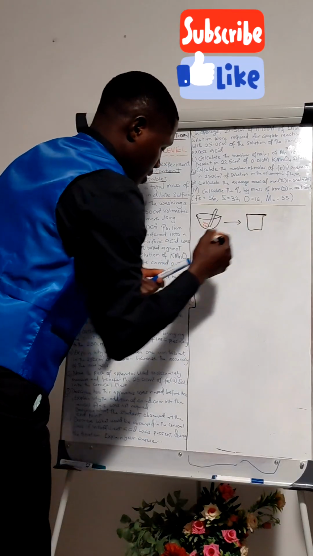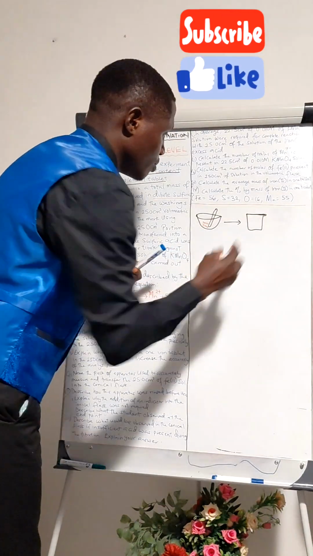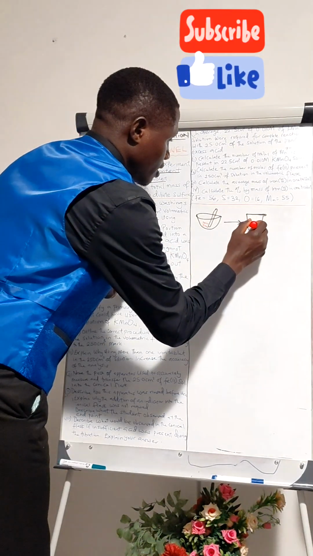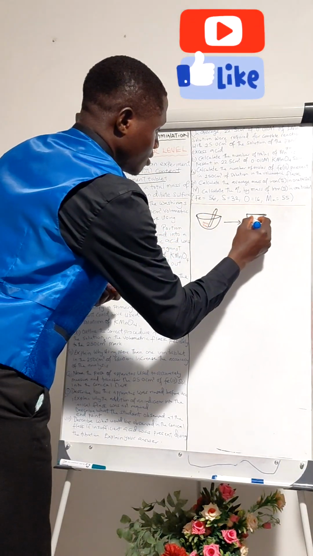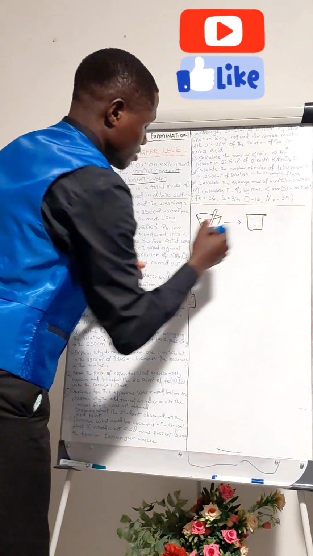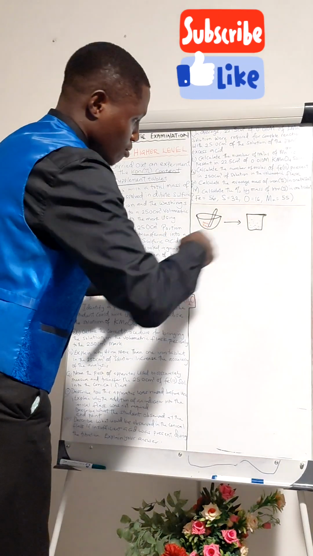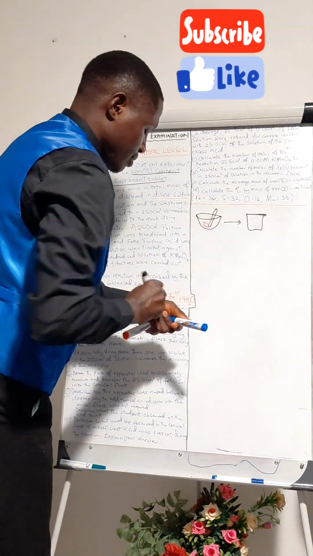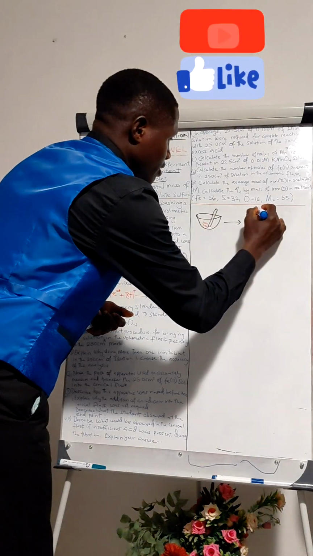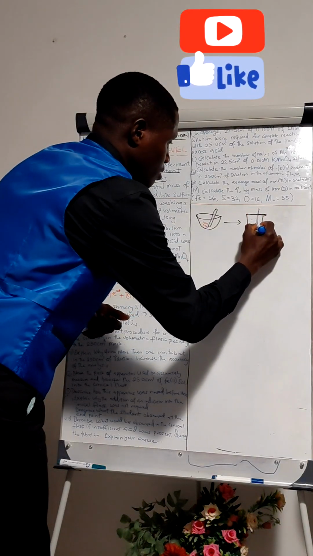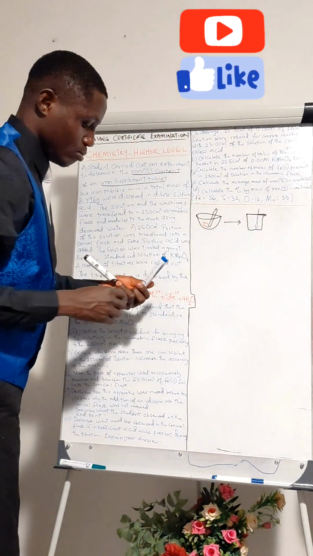So we have the ground tablets here, and a little bit of sulfuric acid was introduced to dissolve it. I guess he is going to use a stirrer, a glass rod, to stir this for even distribution.